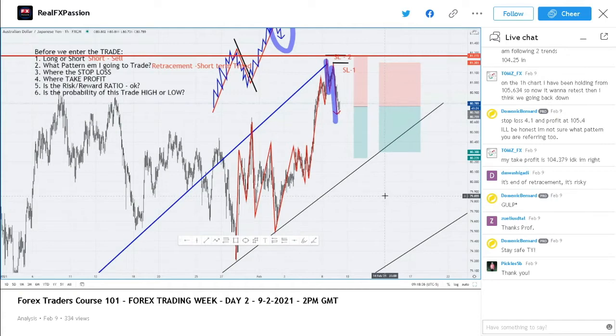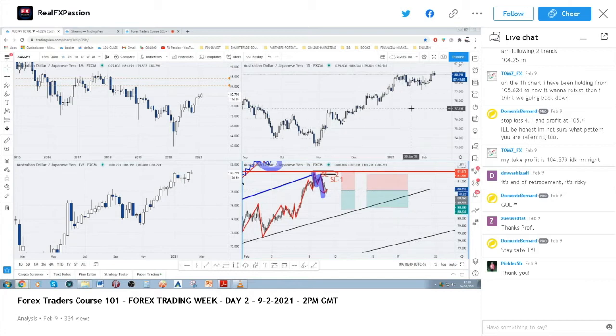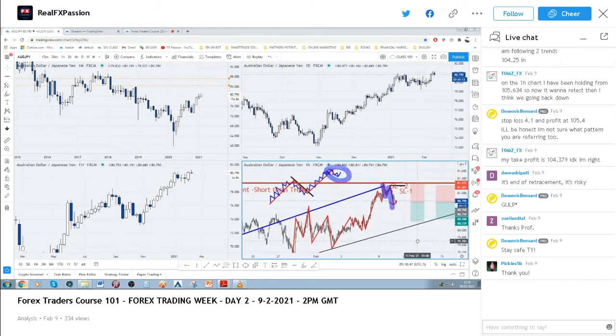Okay, what we have learned so far, everybody, also from the previous lessons, is the confirmation time frame. If we are trading on the 1 hour chart, what is the confirmation time frame, everybody? Which one is the confirmation time frame, beginner traders?